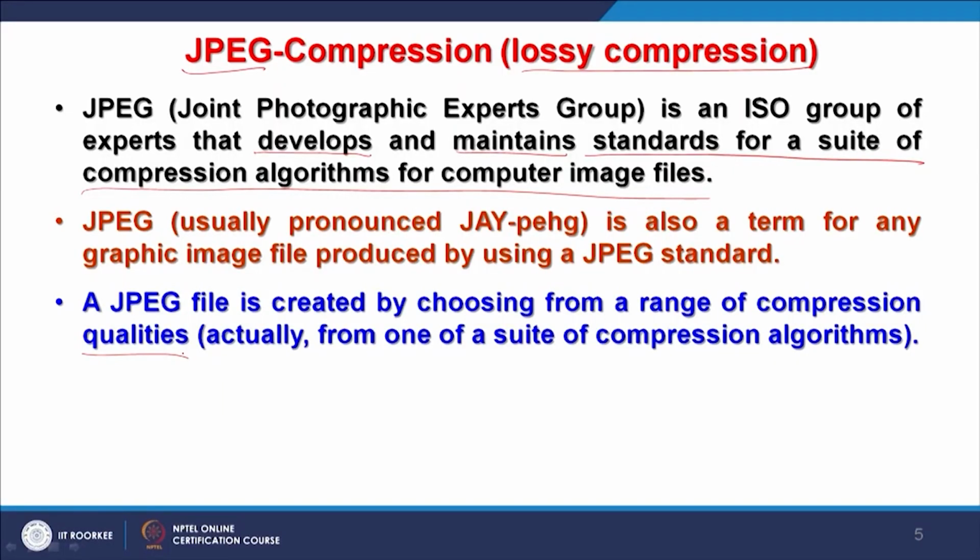Another point which I want to mention before we discuss JPEG a little more is that people are always going for higher and higher megapixel cameras, whether it is a mobile or professional or digital SLR camera.